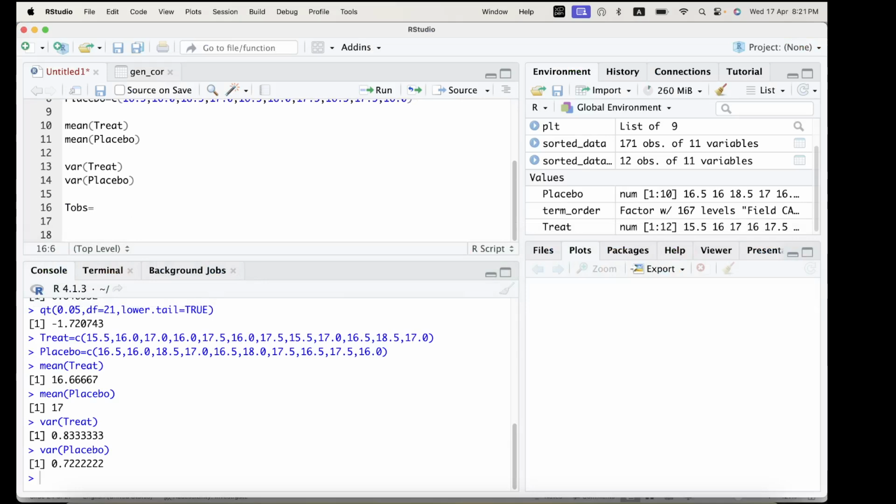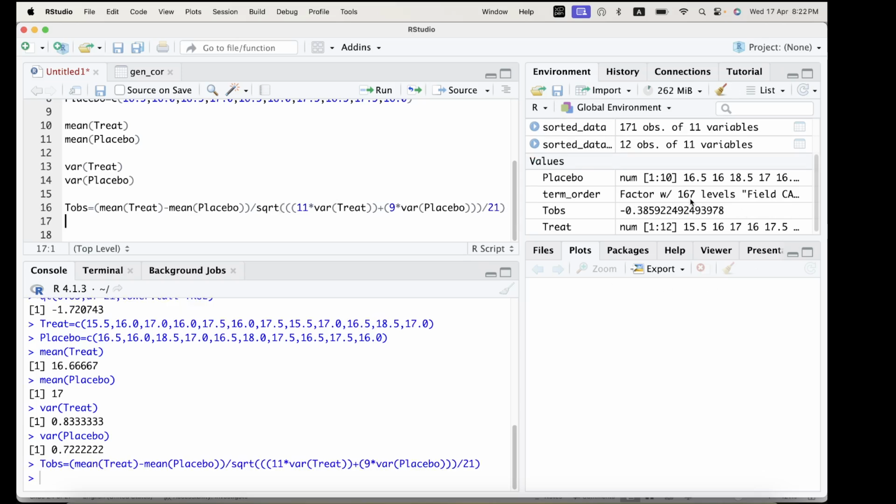T observed equal to mean of treatment minus mean of placebo, divided by square root of 11 into variance of treatment plus 9 into variance of placebo, divided by 21.